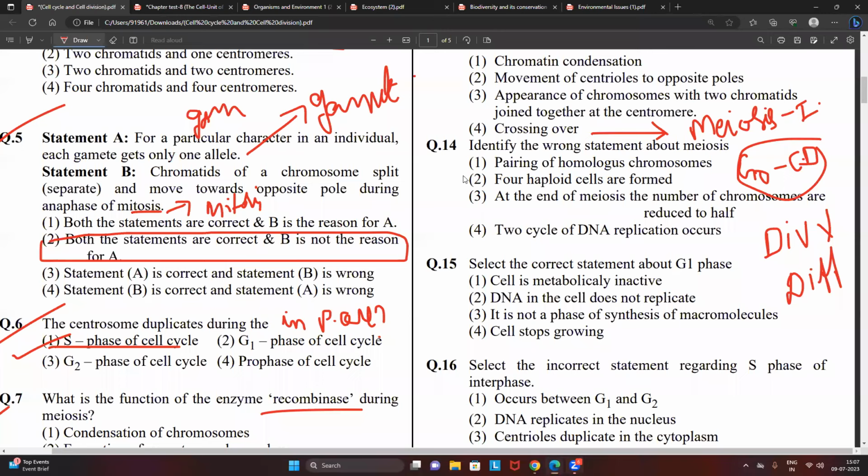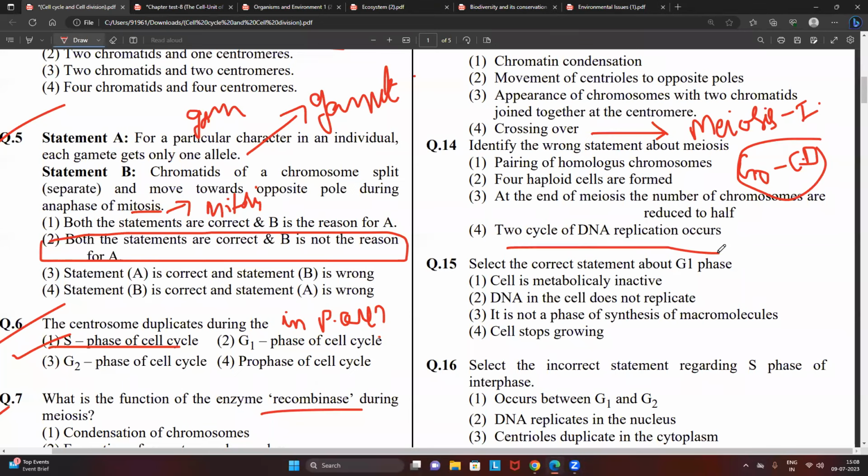We all know very well, once the division is stopped, only then does the cell undergo differentiation. In the G0 phase, division is not happening, only cell growth is happening. So what do you mean by the word growth here? The cell will become metabolically active. That's all. Okay. What is the answer for question number 14?